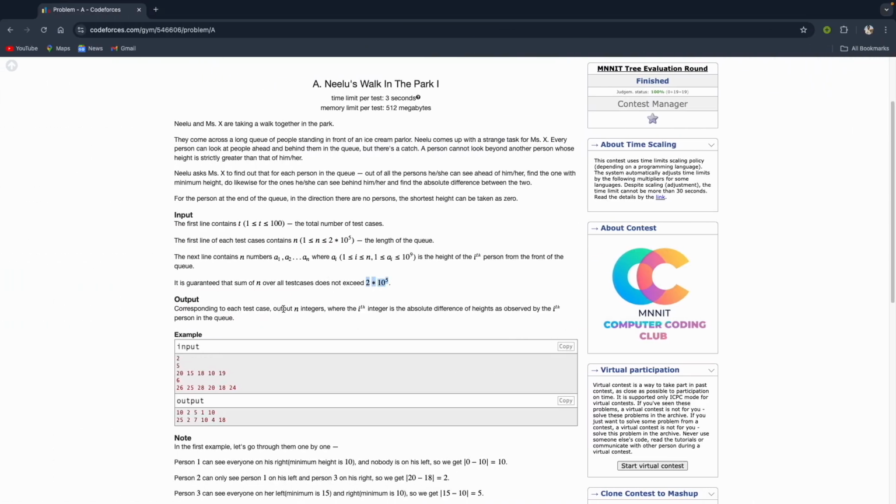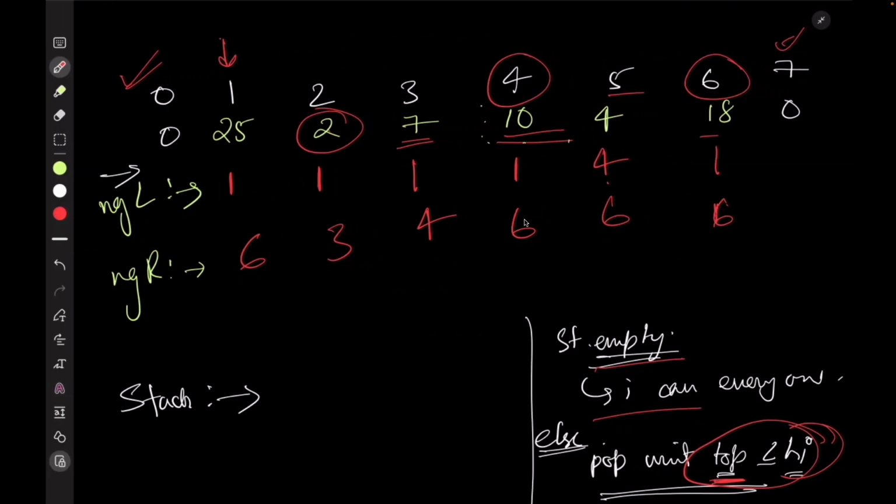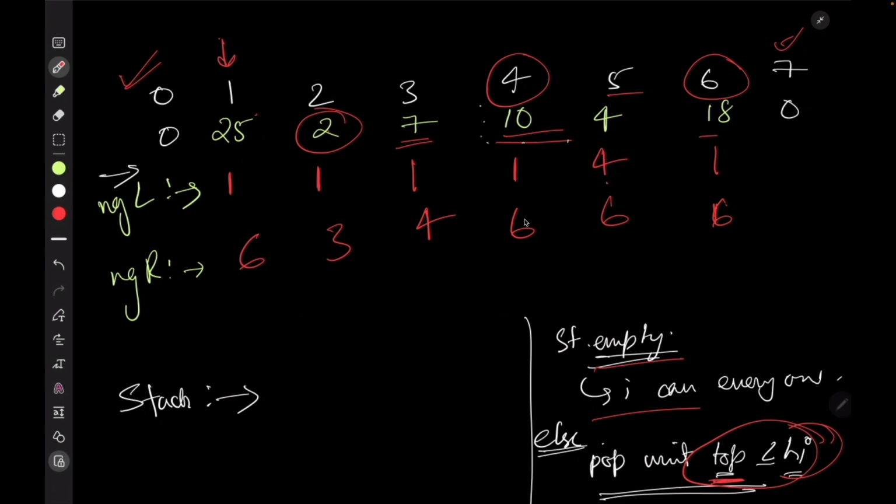In the question it is said that for a person at the end of the queue, in the direction where there is no person, the shortest height can be taken as 0. That means for the person on the left end, the next greater left's height should be 0.